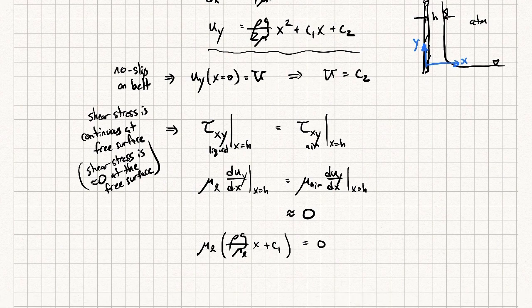All I've done is taken the derivative here from this. And then we have to plug in x equals h because we want it specifically at that free surface. In general, the viscosity of the liquid is not zero, so we can divide through by that. And what we'll be left with then is C1 is equal to minus rho g over mu L times h.